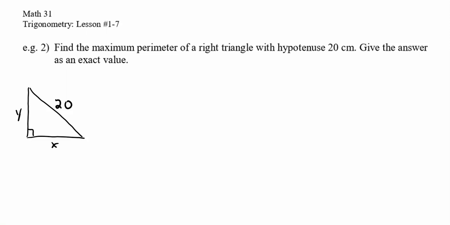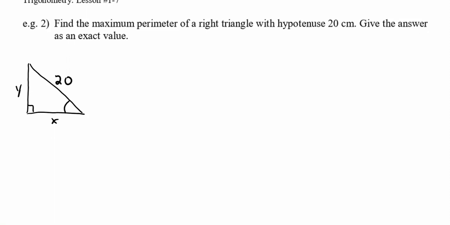Okay, so where we'll start with this, let's consider this the angle theta, and then we'll make an expression for x and y. These are going to be really our constraints. So we can say cos theta is equal to x over the hypotenuse, so x over 20, and sine theta is going to be y over 20.